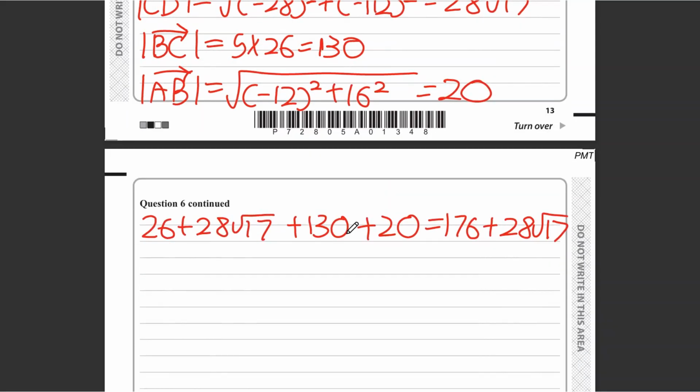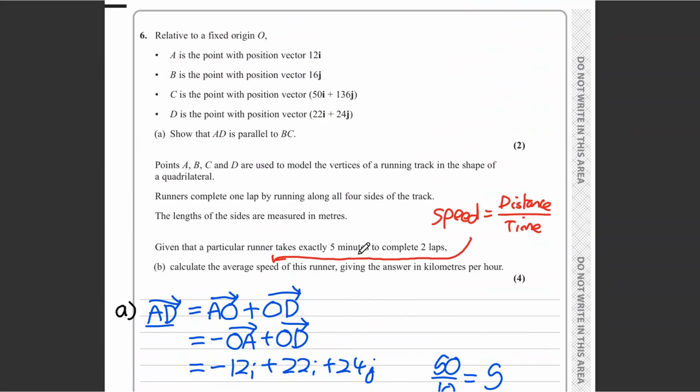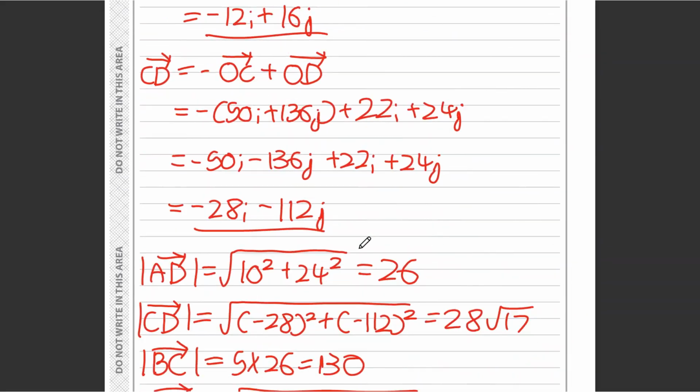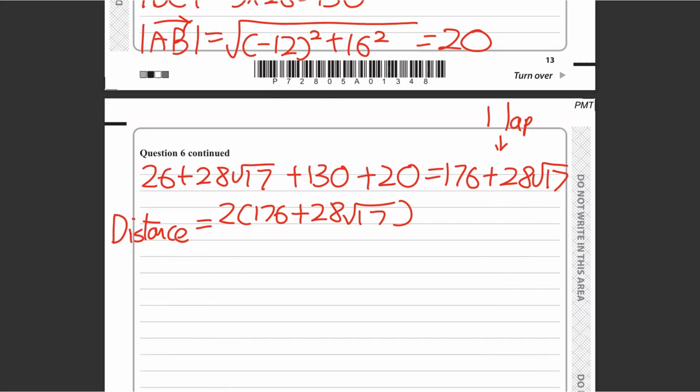So if we figure out the distance that this runner travels, this is the length of one lap, because remember, to complete one lap you go around all of the sides. However, we're told that this runner completes 2 laps, so therefore it's going to be 2 multiplied by this 176 plus 28 root 17.